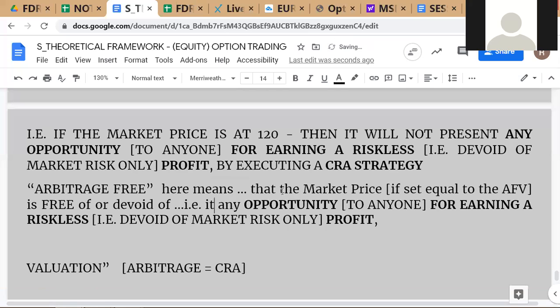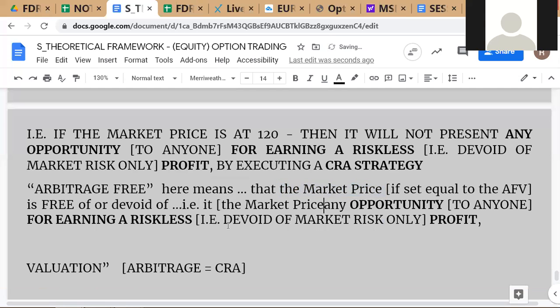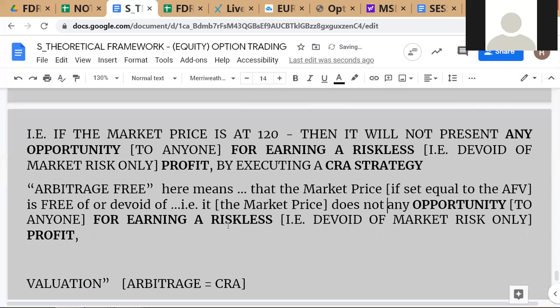When I say it, I'm referring to the market price. I want to make sure that you understand the language exactly. Why do we say arbitrage free? It's a short word, but we are using it to refer to something very specific.